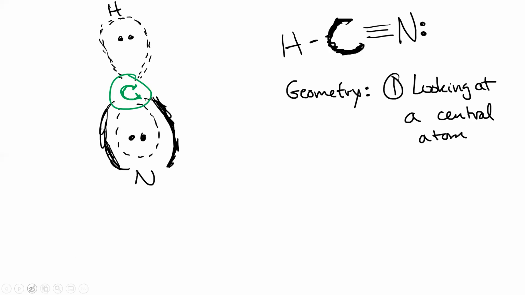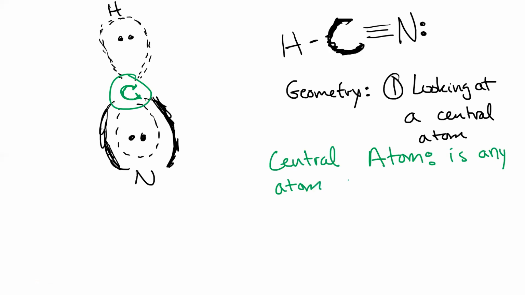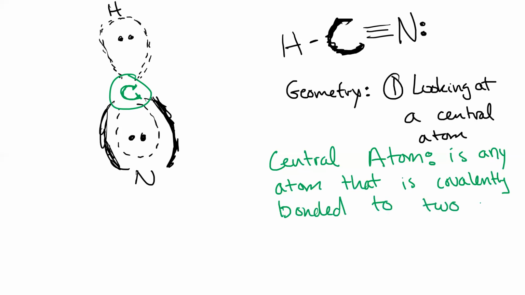Now let's go one step deeper and define a central atom. Some people quibble with this, but here's how I view a central atom for my course. A central atom is any atom that is covalently bonded to two or more other atoms.